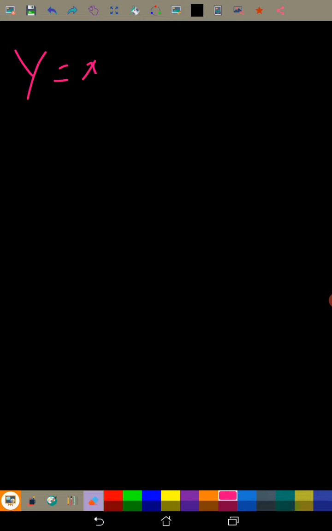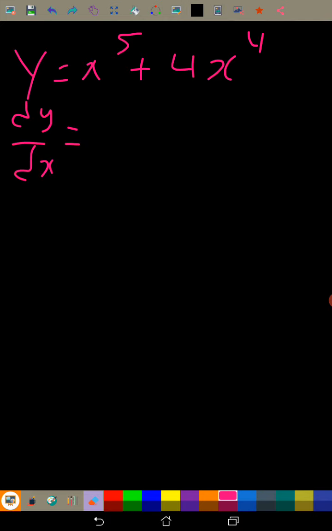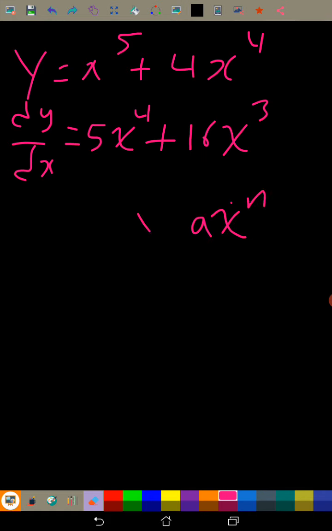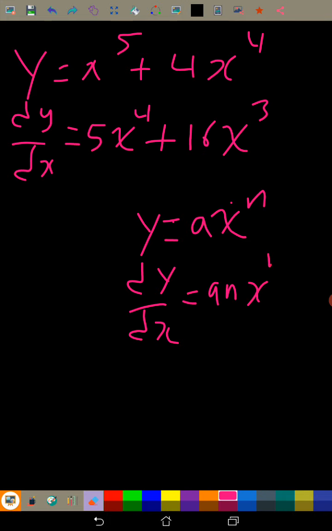So let's say we have y equals 5x^4 plus 4x^4. If we want to differentiate this, it's very easy. We have 5 times x to the power 4, plus 4 times 4, which is 16, x to the power 3, because we have the minus 1 here. Remember again, if y equals ax^n, then dy by dx is going to be a times n times x^(n-1).